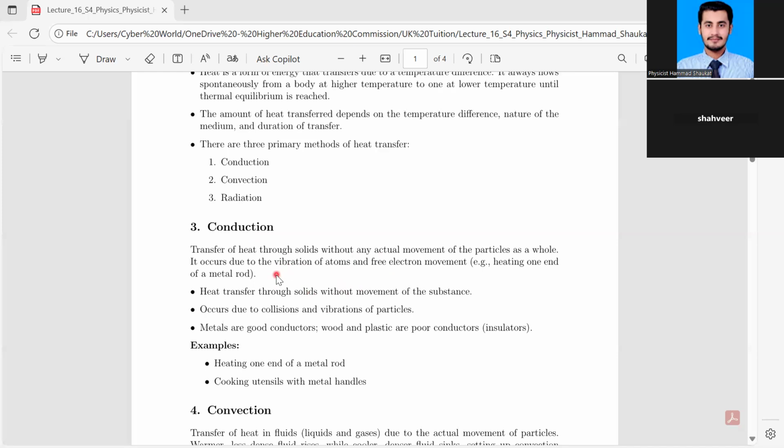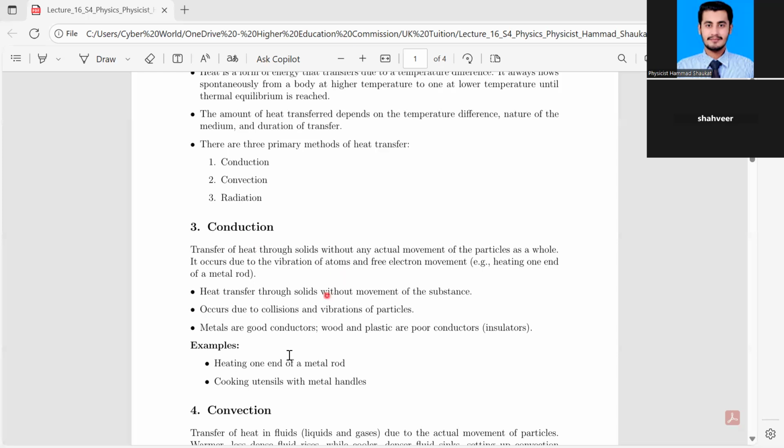This concept is known as conduction. And conduction only happens when there is physical contact between two bodies. If there is no physical contact, then there is no conduction. So physical contact between two bodies is compulsory in the case of conduction. And conduction happens due to the movement of atoms, electrons, as well as molecules in your body. Understood?